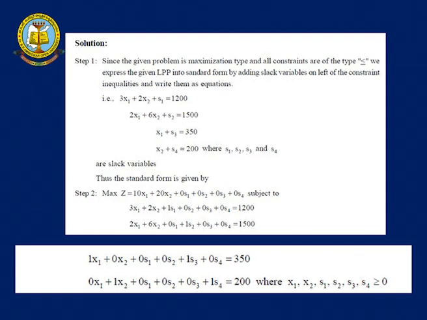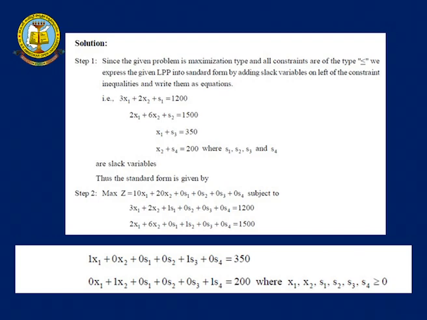Each and every variable will be present in the objective function. Similarly, in the constraints we have to check each individual variable. Original variables as well as slack variables must be present in proper order. The first constraint is 3x1 plus 2x2 plus s1 equal to 1200. Here only s1 is present; s2, s3, s4 are missing.